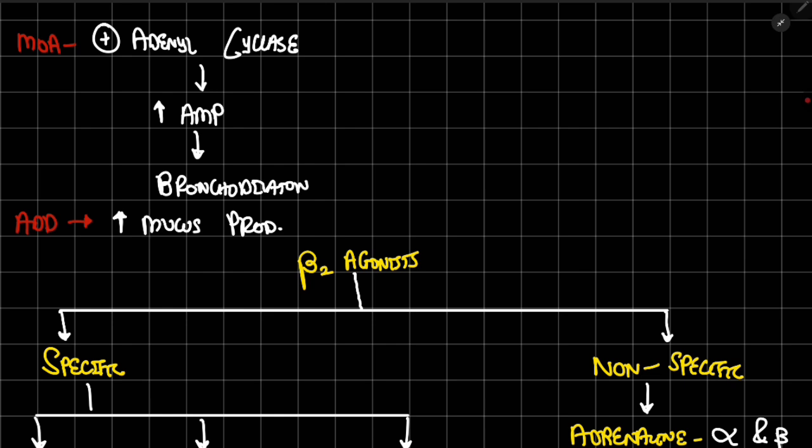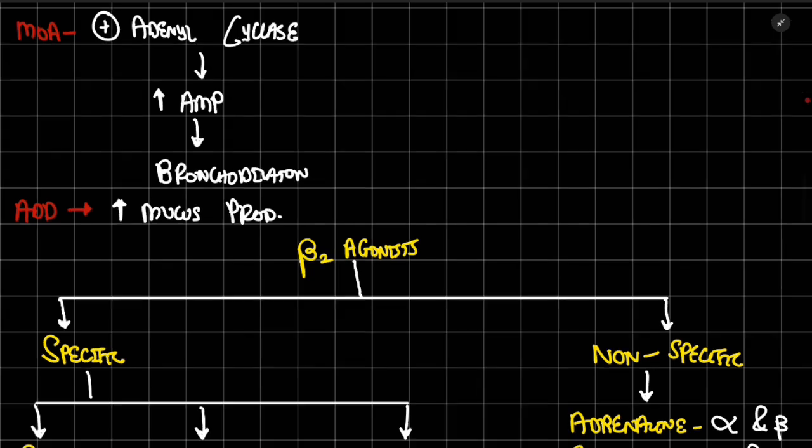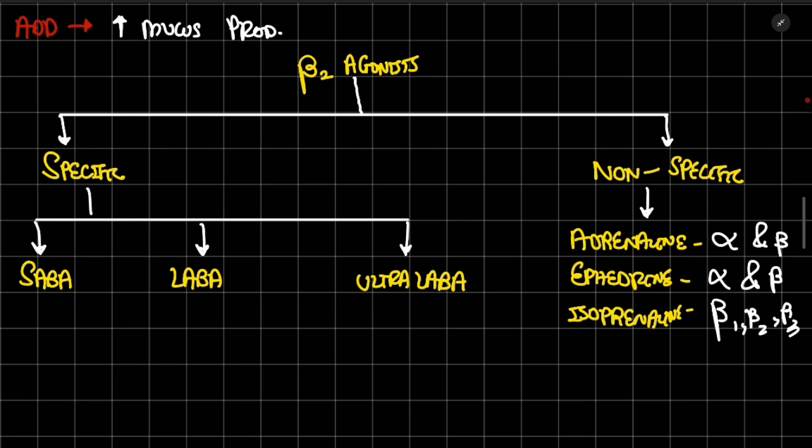It activates the adenylyl cyclase pathway, which increases the cyclic adenosine monophosphate and causes bronchodilation. The additional effect is increased mucus production. Classification is of two types: specific, further classified as SABA, LABA, ultra LABA, and non-specific, with adrenaline, ephedrine and isoprenaline. Isoprenaline acts on all the beta receptors.